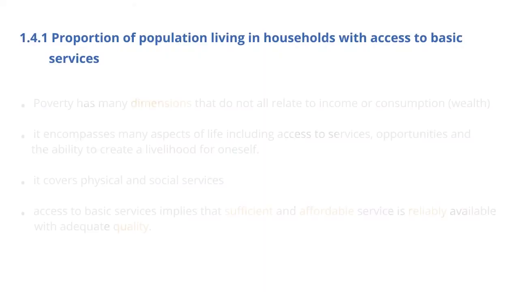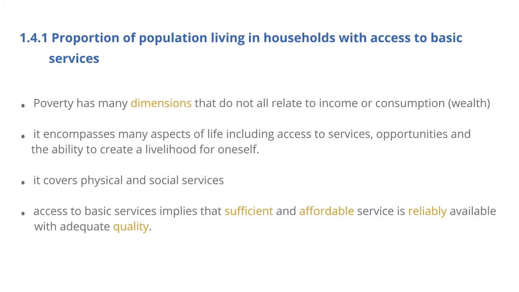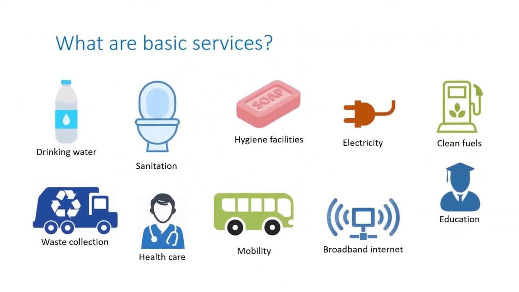So the indicator that I will talk to now is SDG 1.4.1, which is the proportion of the population living in households with access to basic services. The official metadata for 1.4.1 refers to essentially 8 to 10 key basic services.